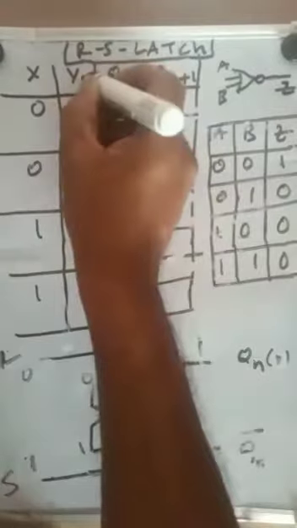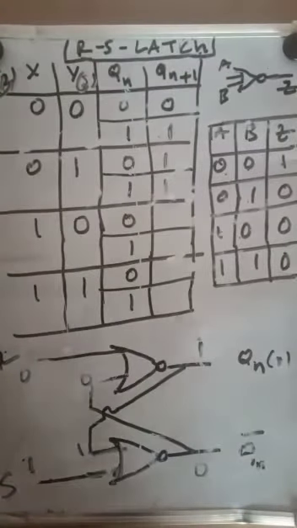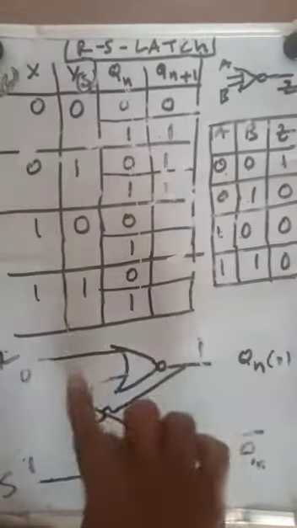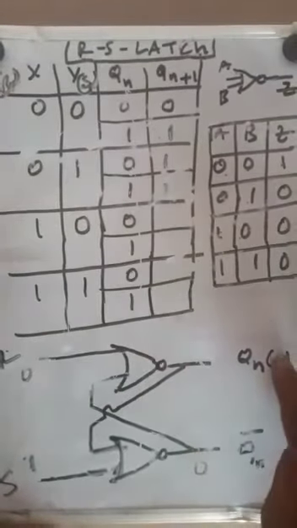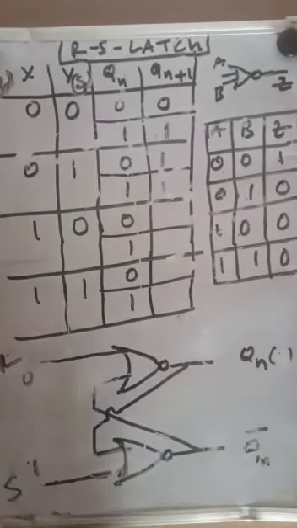This is equal to set and this is equal to reset, S and R. This is what is called S and this is what is called R. So next, verify. Coming to this is Qn bar.